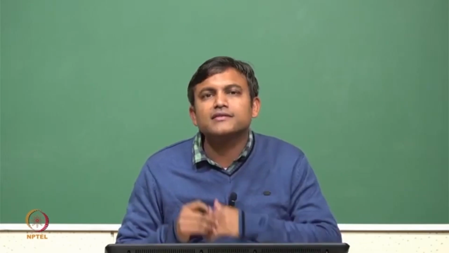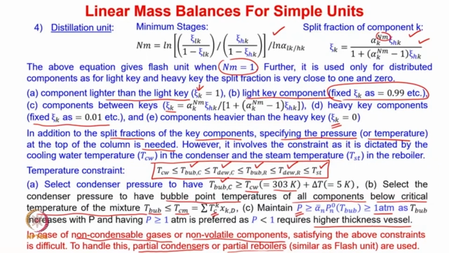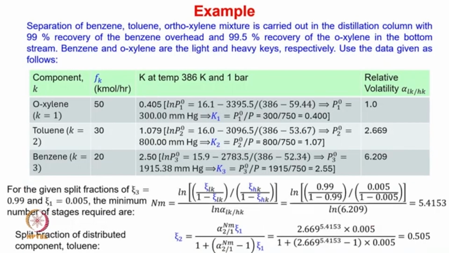Not everything is getting condensed or vaporized, only part of it is. So we can take them as a separate flash unit calculation. You will appreciate this concept when we see one solved example.